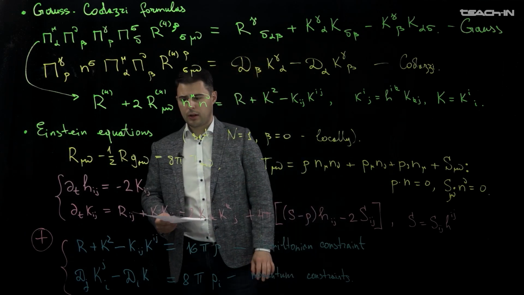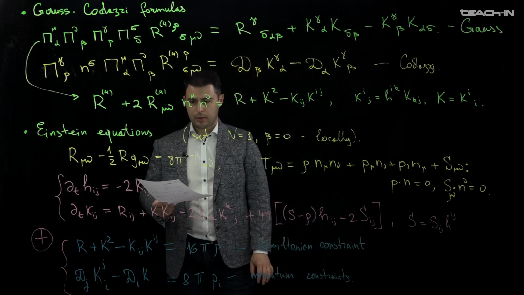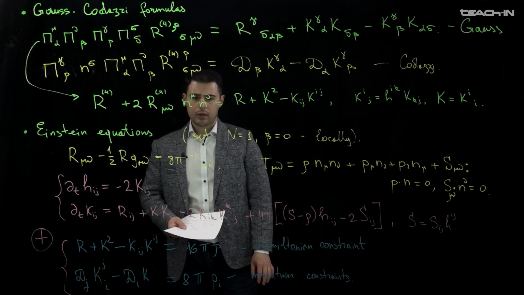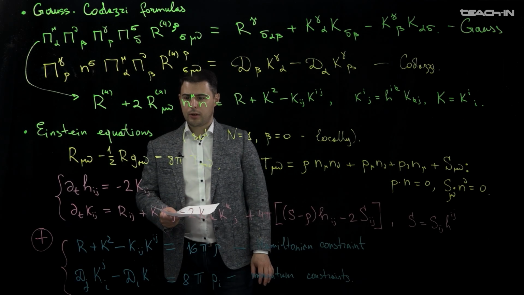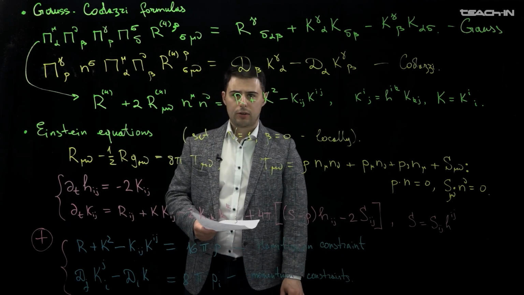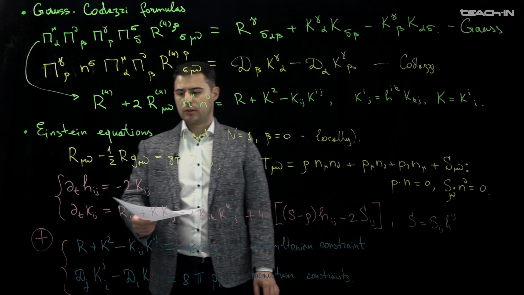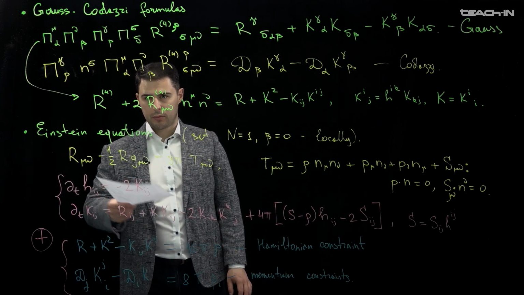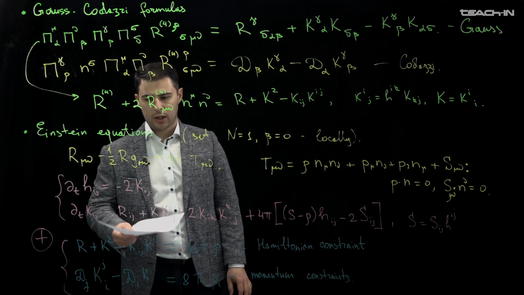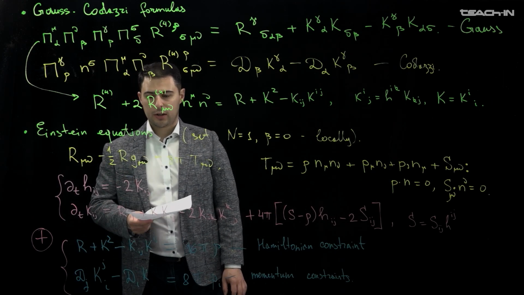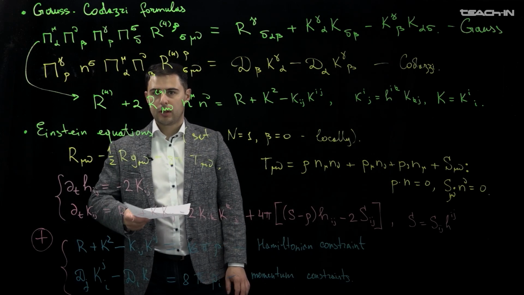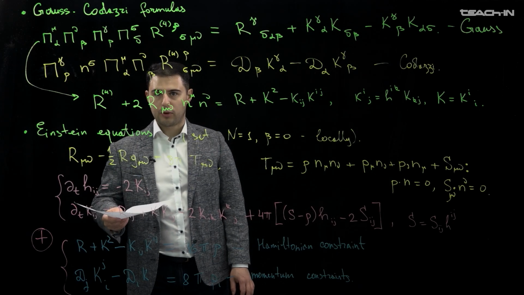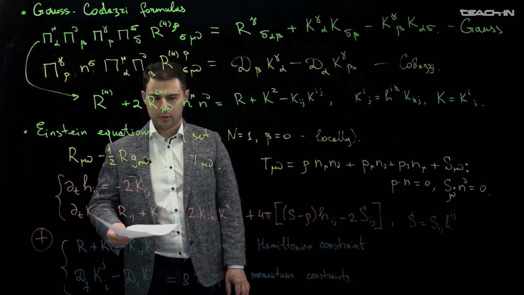Let us motivate the namings a bit. The first two equations are clearly hyperbolic equations, because taking the time derivative of the first line and substituting the second line, we get a kind of hyperbolic equation for the metric on the hypersurface.